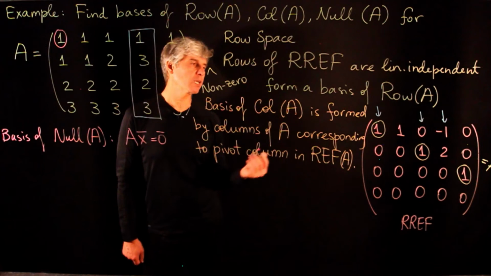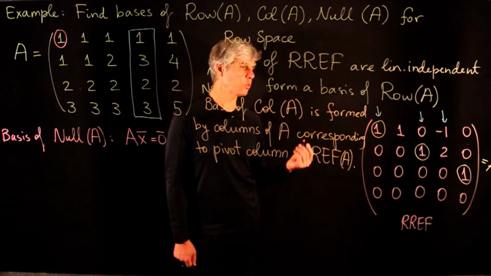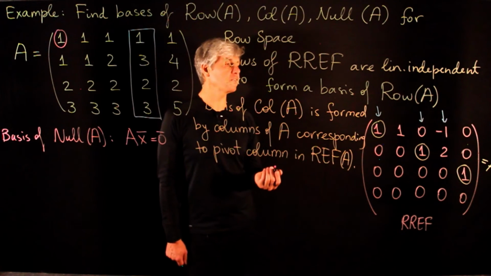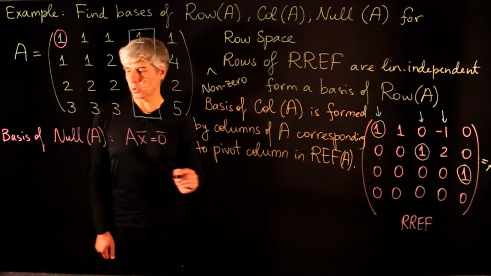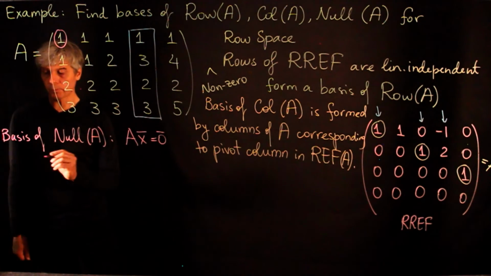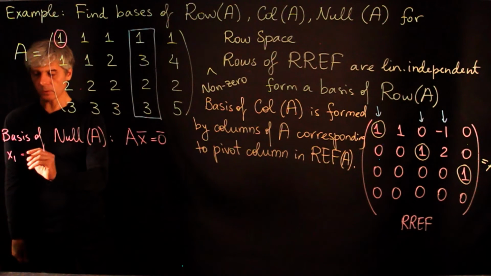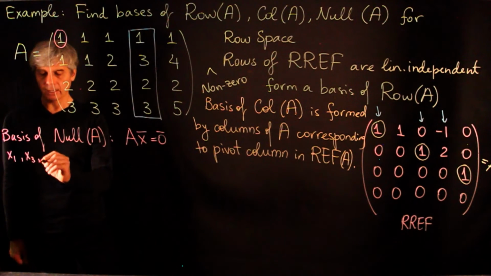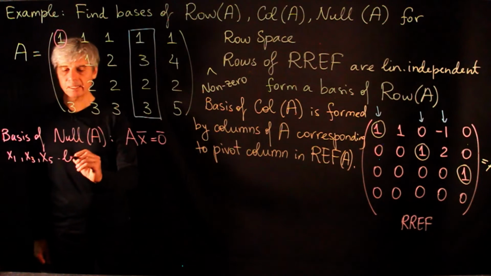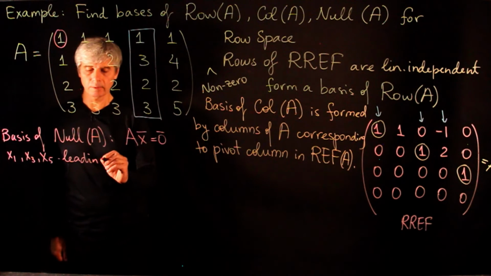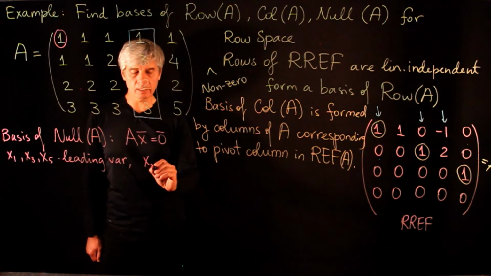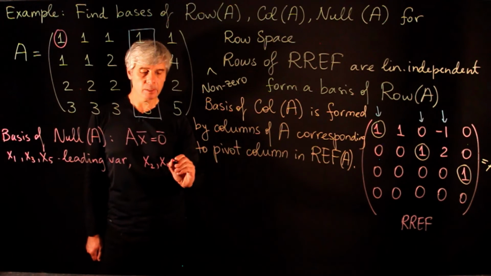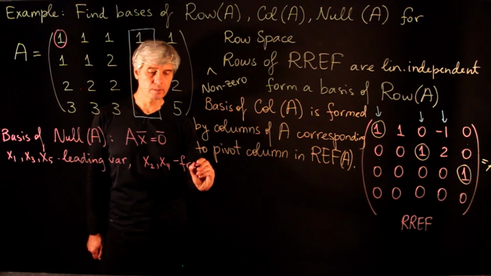We classify variables into leading variables and free variables, and then we assign parameters to free variables. Leading variables correspond to pivots. So we say that x1, x3, and x5 are leading variables, and all other variables, that is x2 and x4, are free variables.